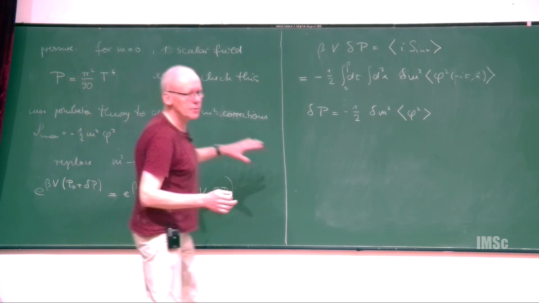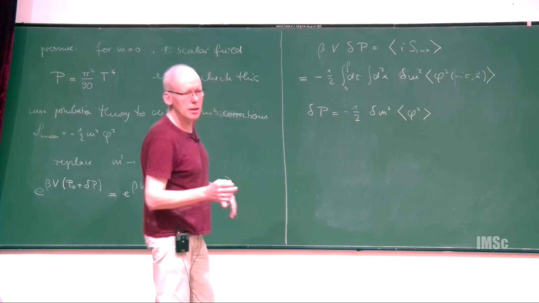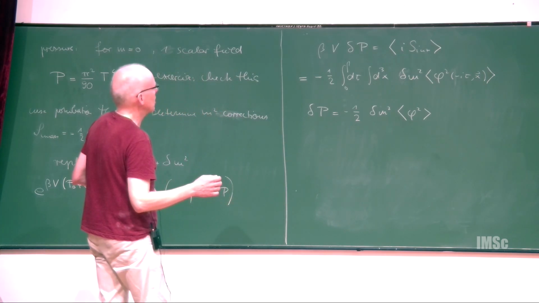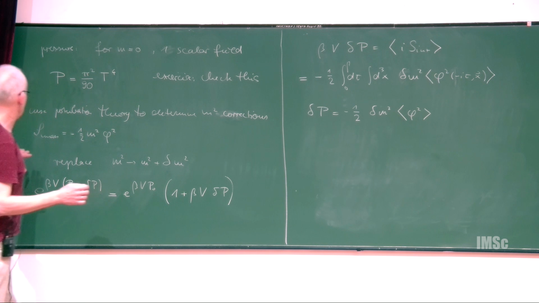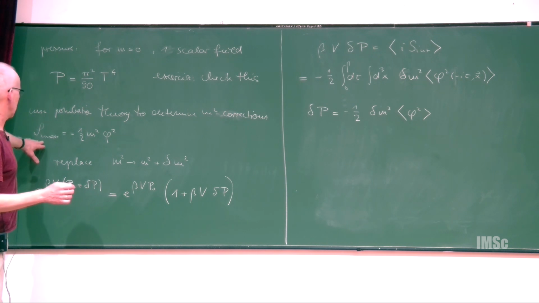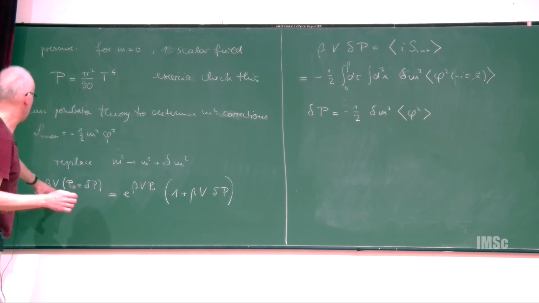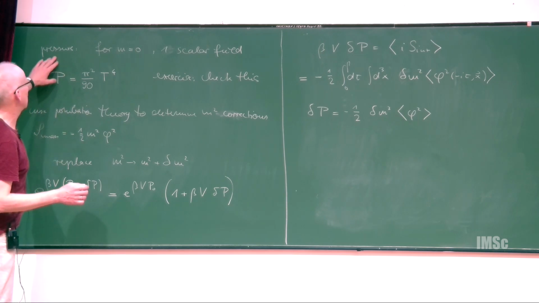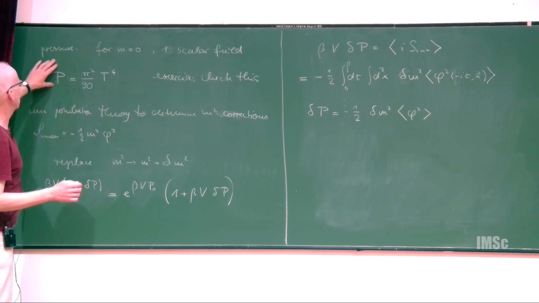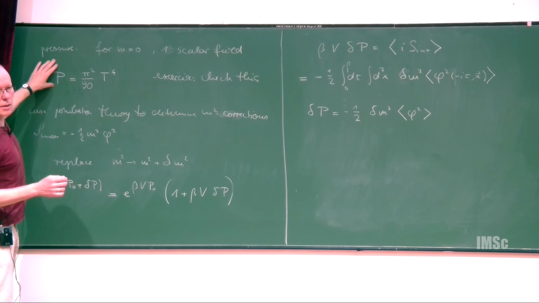Because the first expression is for m equal to 0, left hand side, at the top left. This is for mass.